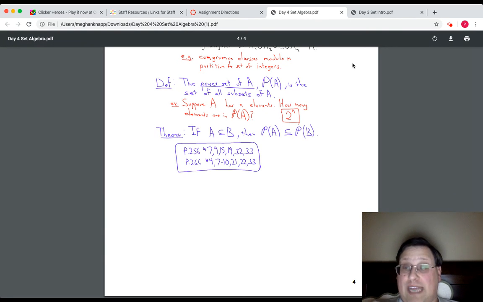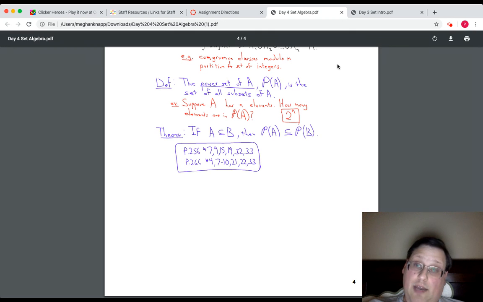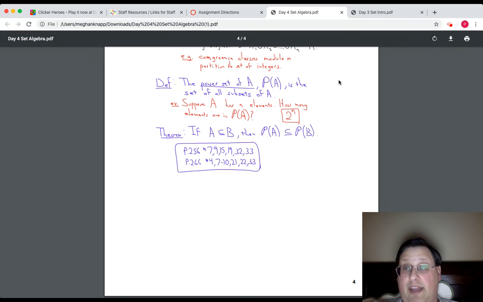For the first element of the set, when we try to build a subset, we can either include it or not. 2 options. And then if we move to the next element, we can either include it or not. 2 options. So continuing that, we have 2 options for every element of the set, and that ends up meaning we get 2 to the 26th total elements.